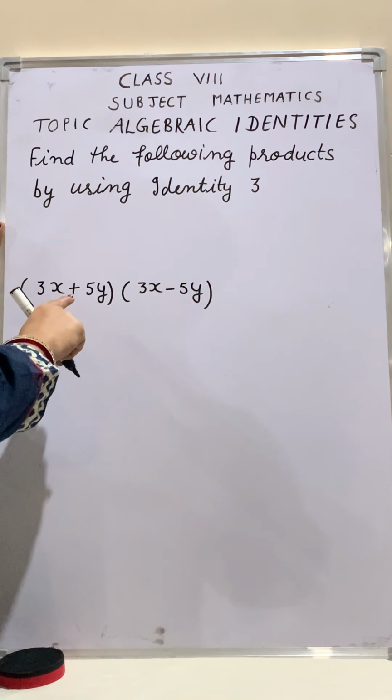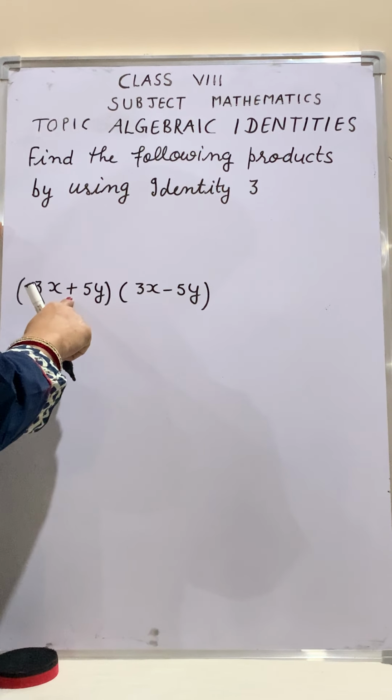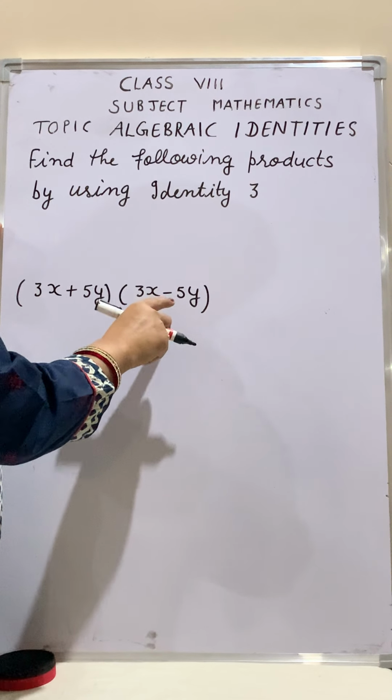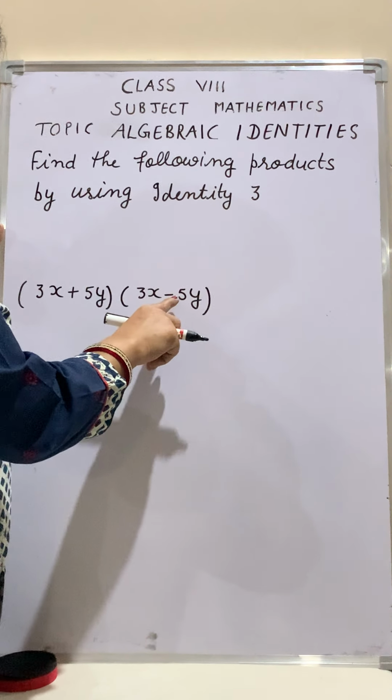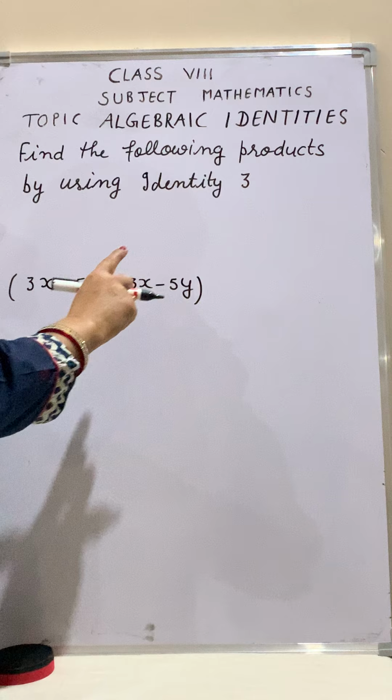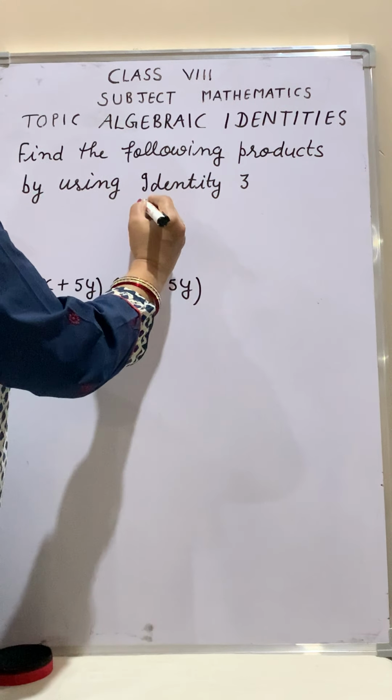In the first binomial there is a plus sign, and in the second binomial there is a minus sign. So we will use the third identity.